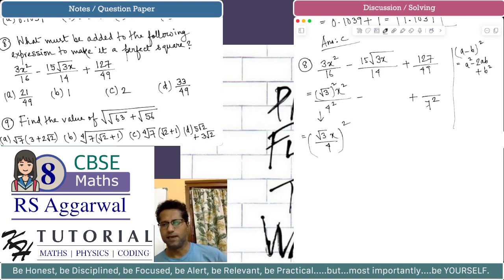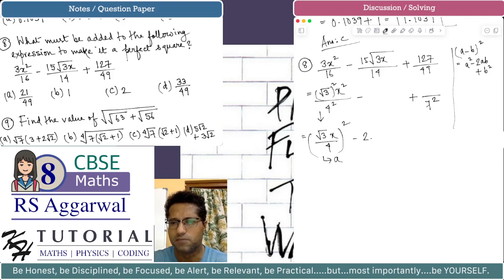So if we consider this as a, a is root 3 into x by 4. If this is a, to form a minus b whole square, we must have minus 2 into this a, as we have a minus b whole square is equal to a square minus 2ab plus b square.